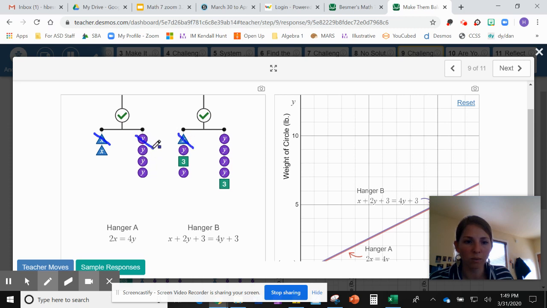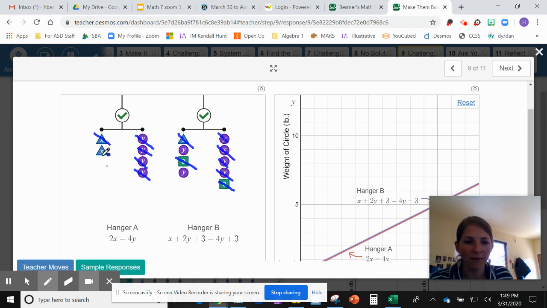I've got 4 y's, 1, 2, 3, 4 on this side, 1, 2, 3, 4 on this side. So I'm left with an x here, and then I'm left with a 3 and a 3. Well, if these are trying to balance, I'll cross out these here. And I'm left with x equals 2y.